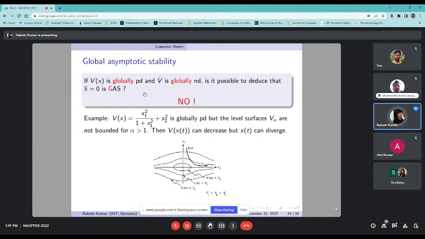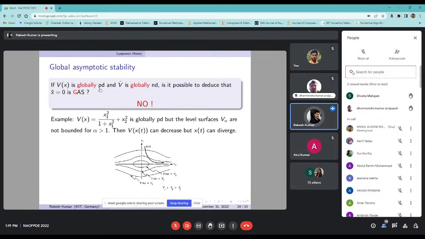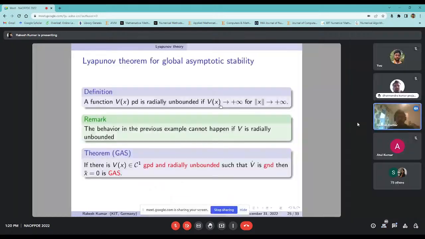If we want to see global stability, it is not enough for V(x) to be globally positive definite and its derivative globally negative definite. For these conditions, V should be globally positive definite and radially unbounded, and its derivative should be globally negative definite.